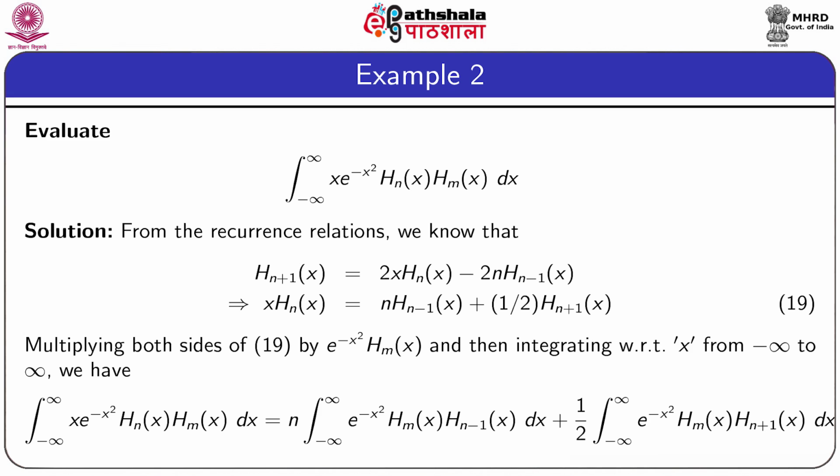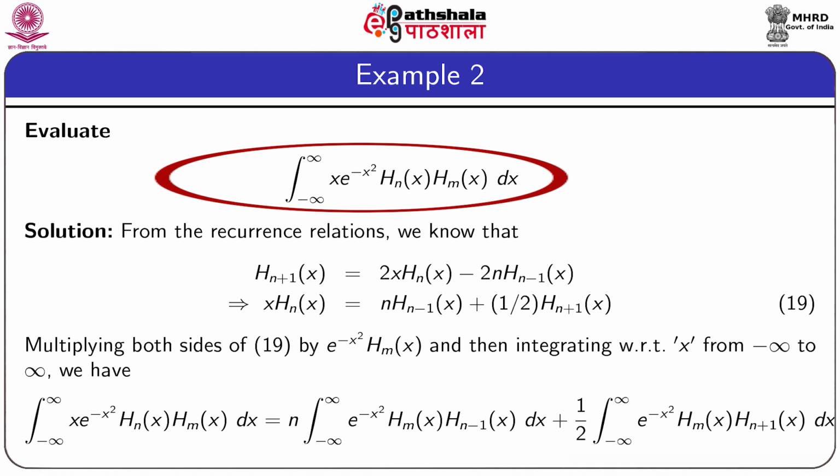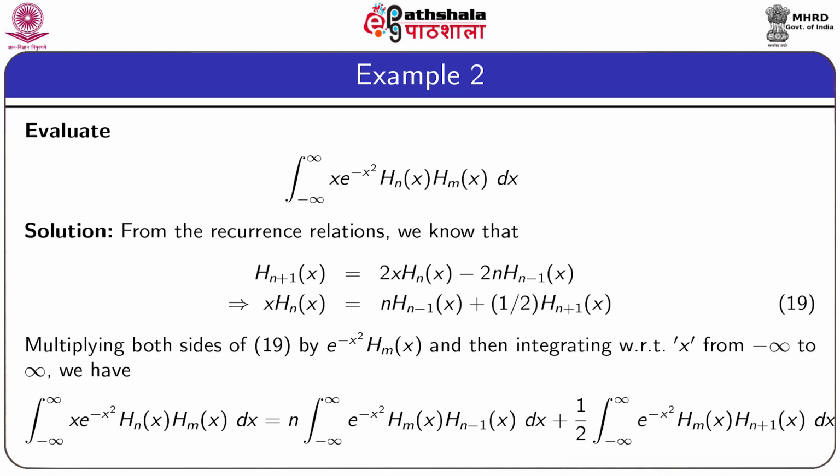In our next example, we will evaluate the value of the integral from minus infinity to plus infinity of x e to the power minus x square H_n(x) H_m(x) dx.